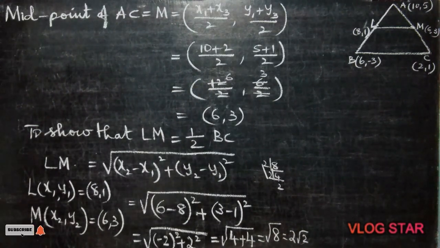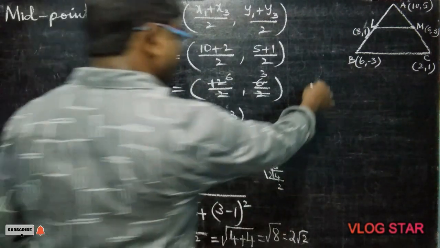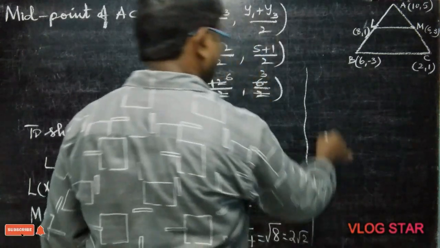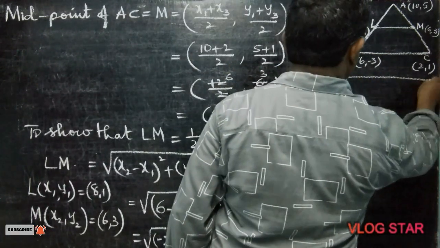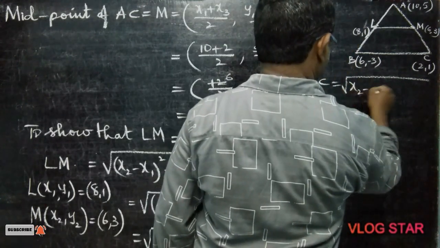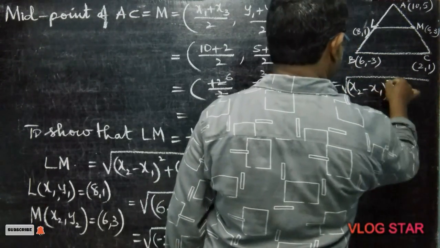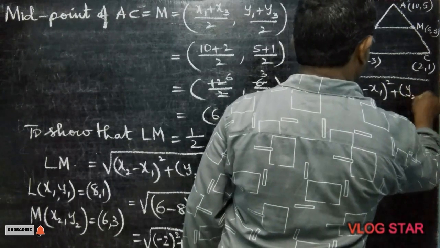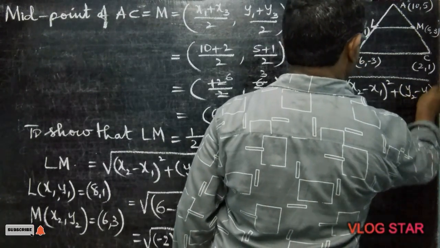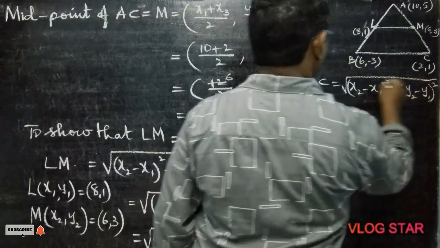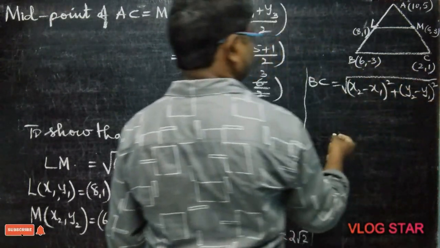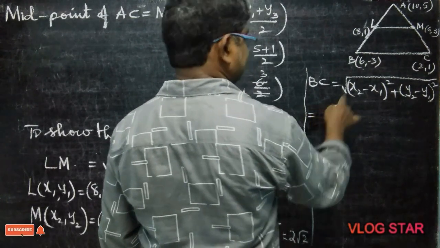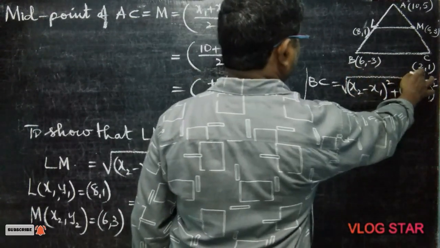Now find out BC. BC means the distance between B and C. Here also square root of (x2 minus x1) whole square plus (y2 minus y1) whole square. Same formula. Here B is x1 y1 and C is x2 y2. Keep in mind, here it changes.